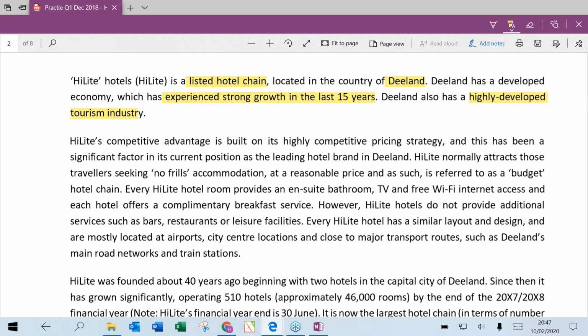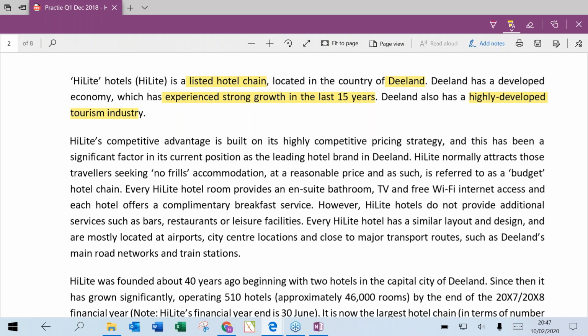All positive information, right? So we are a listed hotel chain. I would like to imagine that I am the CEO of a hotel chain. So imagine what a hotel looks like. A chain of hotels. So I might have lots of hotels and it's listed.